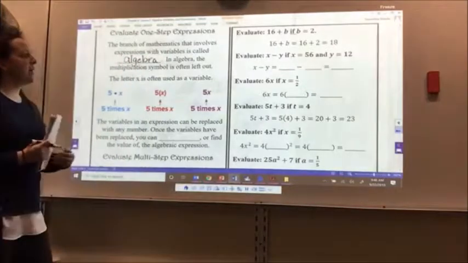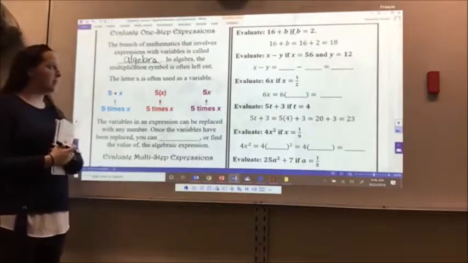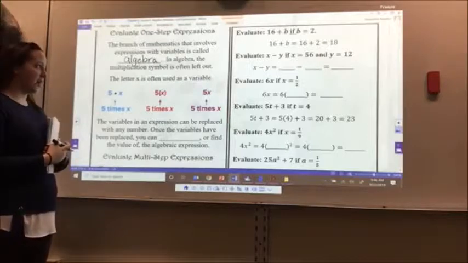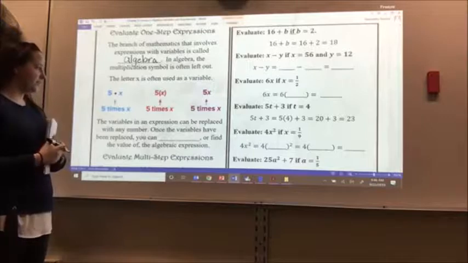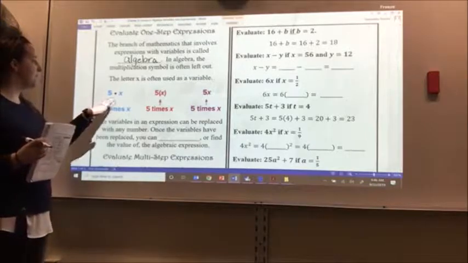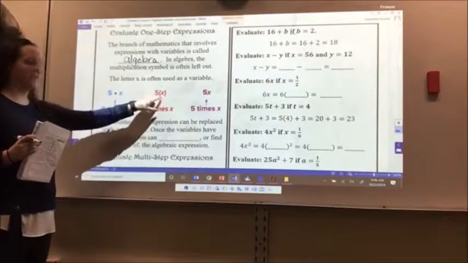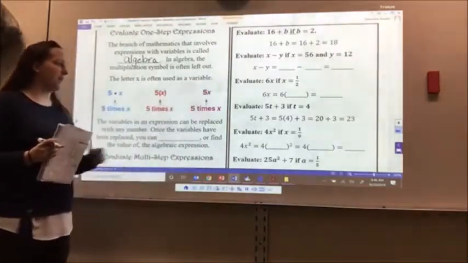So the branch of mathematics that involves expressions with variables is called algebra. In algebra, the multiplication symbol is often left out. The letter x is often used as a variable. So f times x is the same thing as f with parentheses around x, which is the same thing as f(5x).